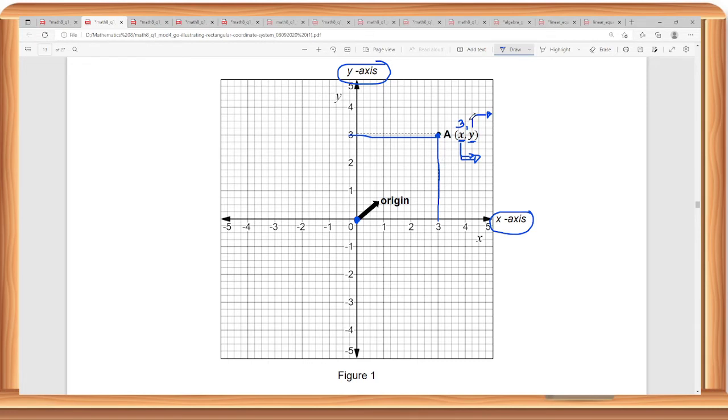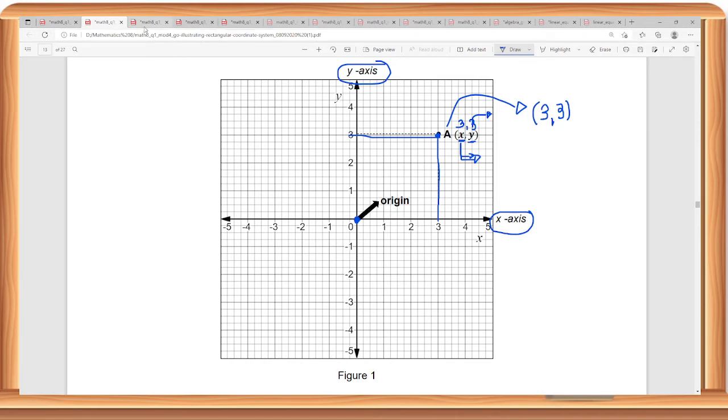Therefore, the y coordinate is also 3. So point A can be written as (3, 3). That is how we can describe the Cartesian plane.